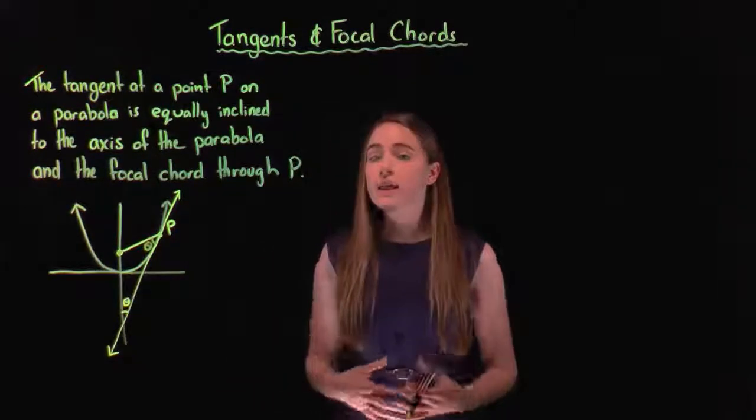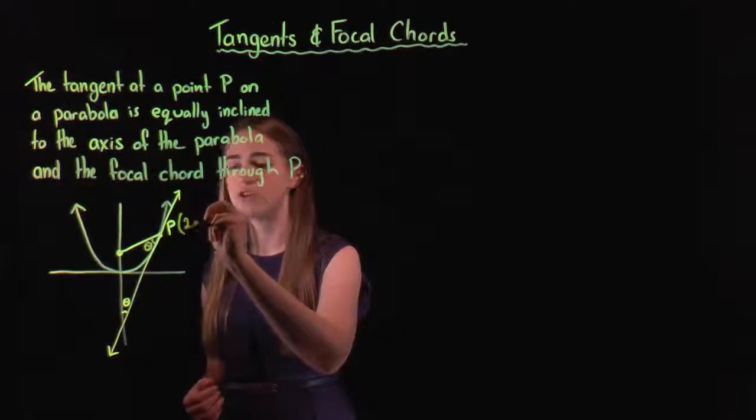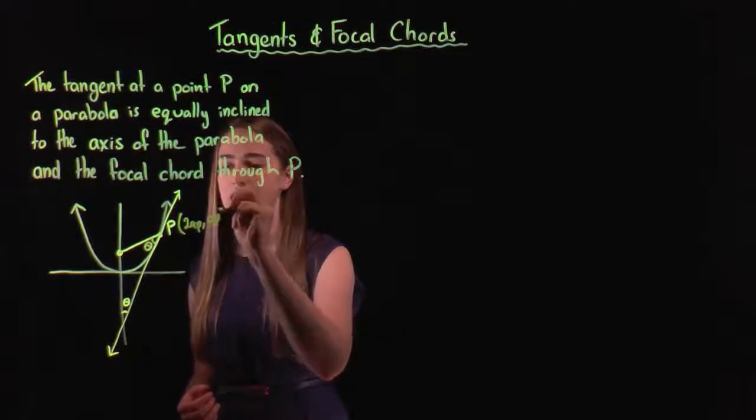So to do that, we're going to add a bit more detail to this diagram. We're going to say our P has coordinates 2AP, AP squared.